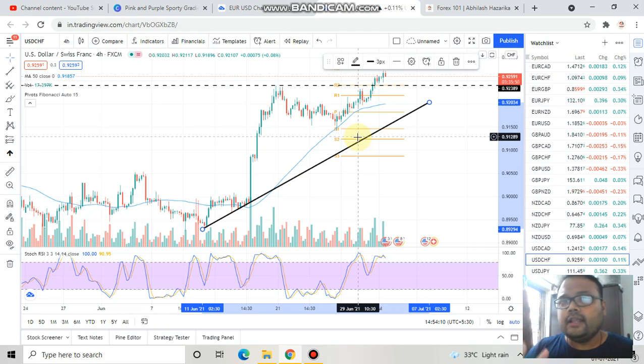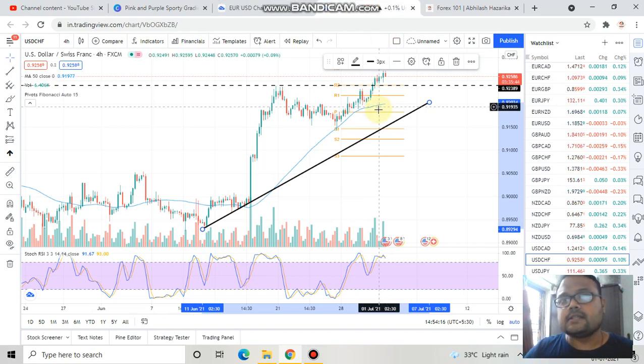Therefore, just wait for the 50 MA. If market comes and reverses or bounces from the 50 moving average, then you'll get the confirmation that yes, the 50 moving average is a valid support, and you can go ahead and buy at the support level if it bounces. Otherwise, do not buy. Right now market is not in the ideal position. So let's wait and watch.